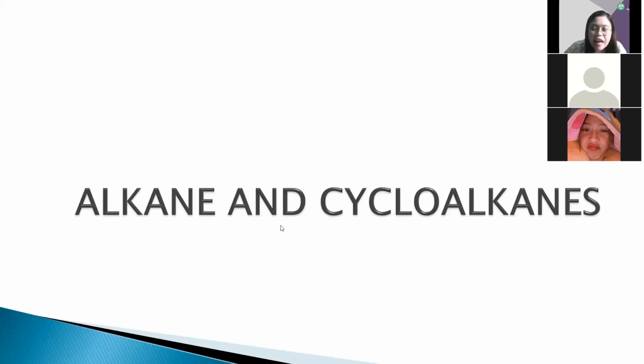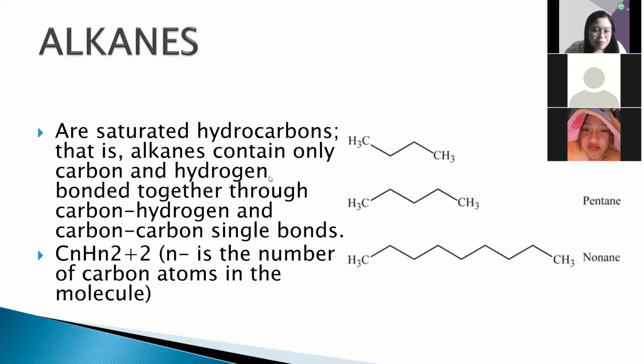We have here the alkanes and the cycloalkanes. For the alkanes, I think I have introduced them to you. Alkanes only contain hydrogen and carbon since they are under the hydrocarbons. But what is unique for alkanes is that they are all single bonds. So the carbon-to-carbon bonding are single bonds.